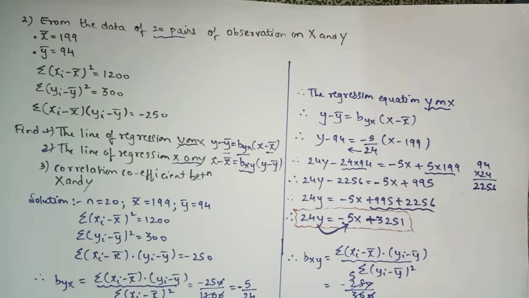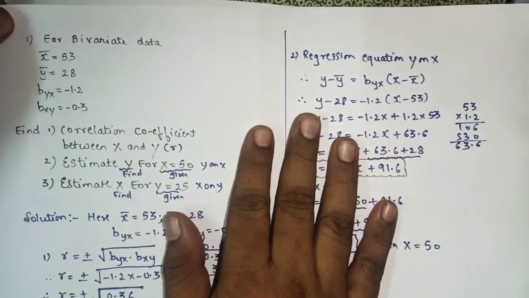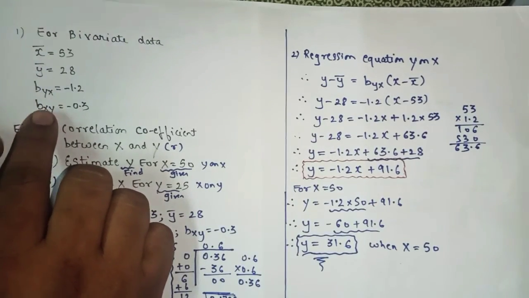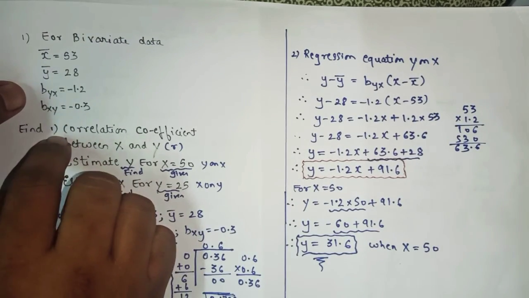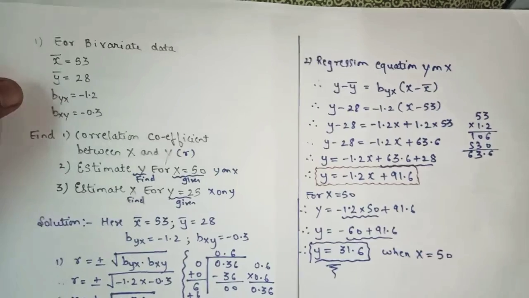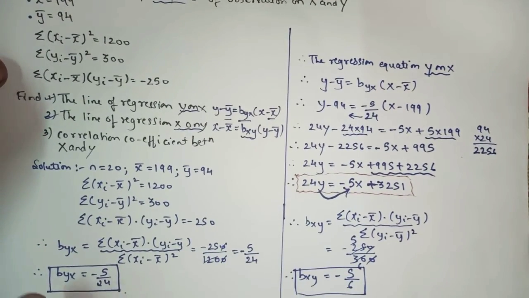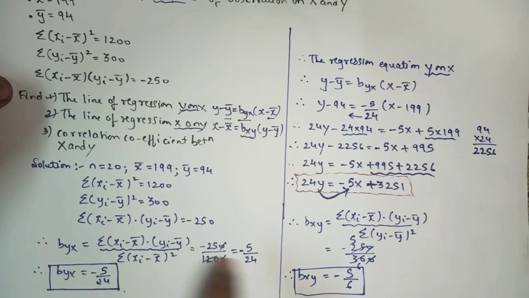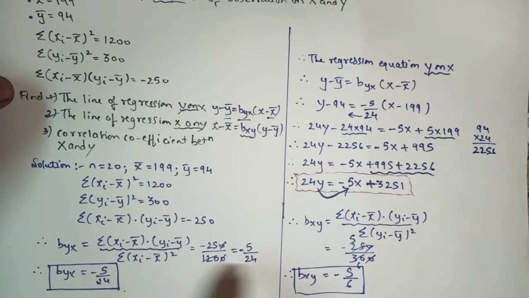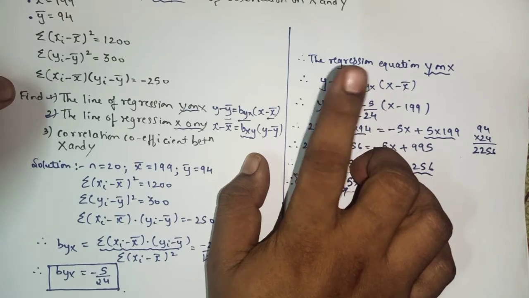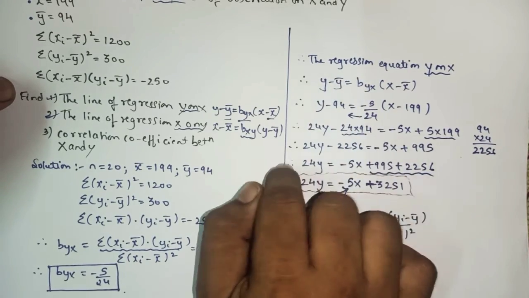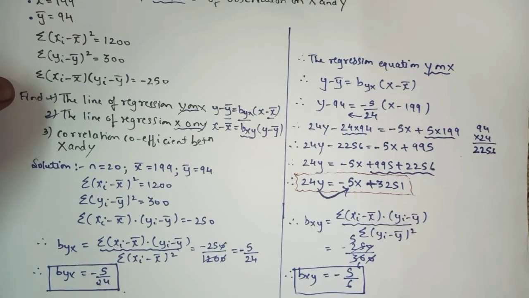Now we saw the first one where we already had the values of byx and bxy, but in the second one, first we have to find the values of bxy and byx, then substitute the values into the regression equation to get the equation part. Understood?